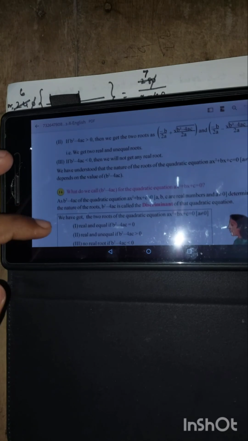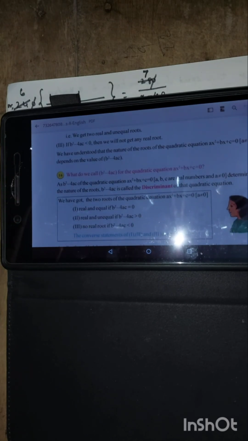So this part b square minus 4ac, which determines the nature of roots, is called the discriminant part.